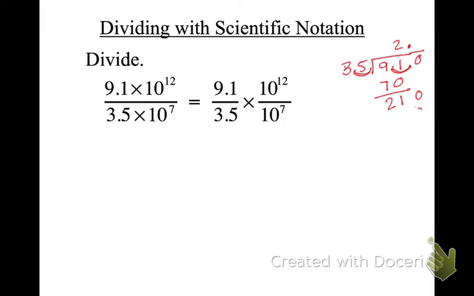So 6 is 30, carry the 3, it's 210. So 9 1/10 divided by 3 5/10 is 2 6/10 times 10 to the 12th power minus the 7th power. So 2 6/10 times 10 to the 5th power. Let's look at how that looks here.